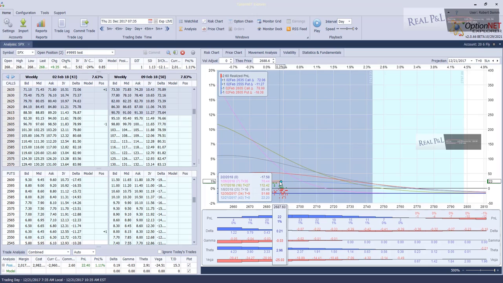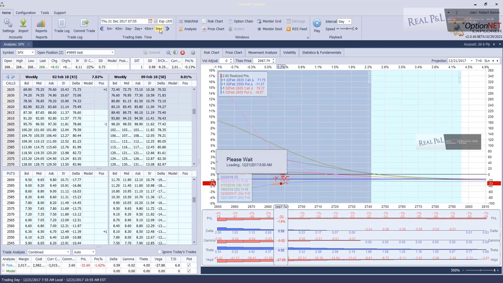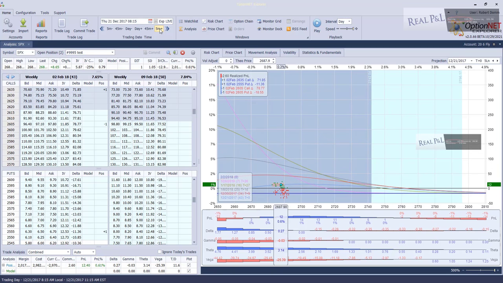It was up $23 at the high, and down $33 on the low. So this side right here is our P&L on the right and the left, and then over here is the price of the underlying. Each one of these little dots is 5 minutes, so if I move 5 minutes, I'll move to a different dot every time.